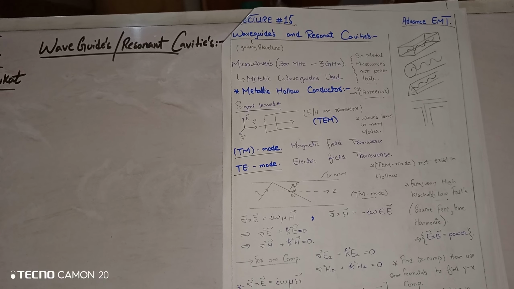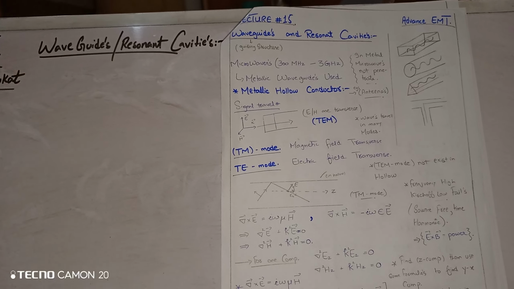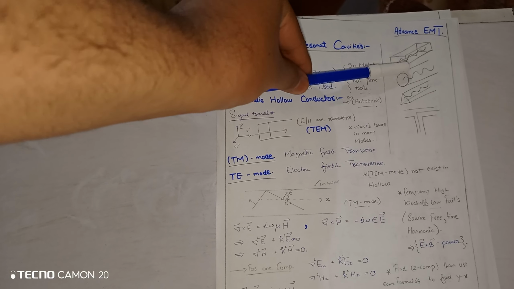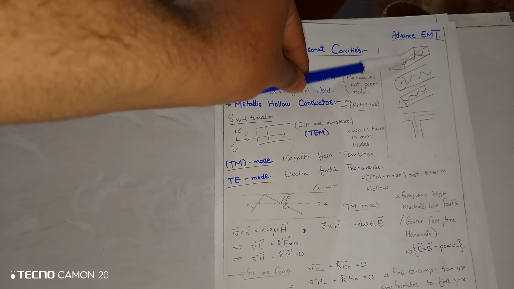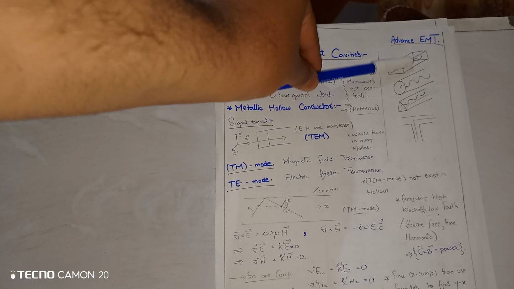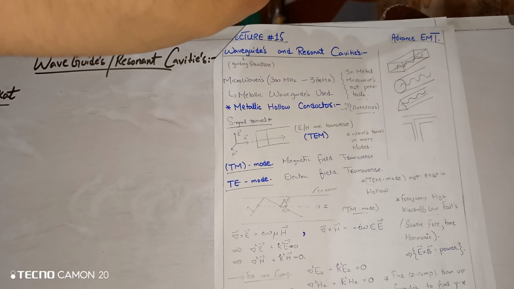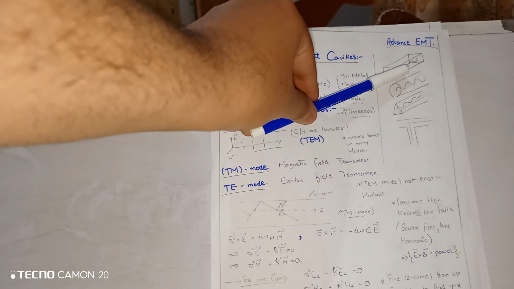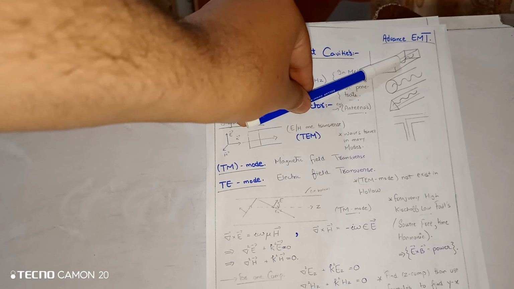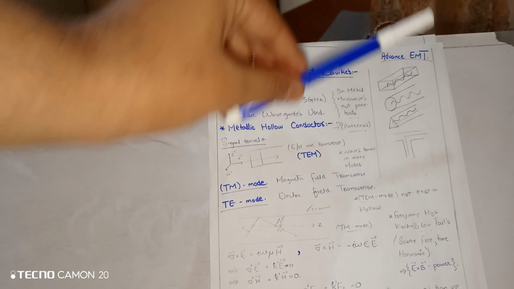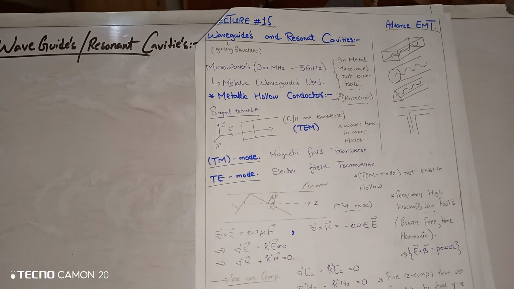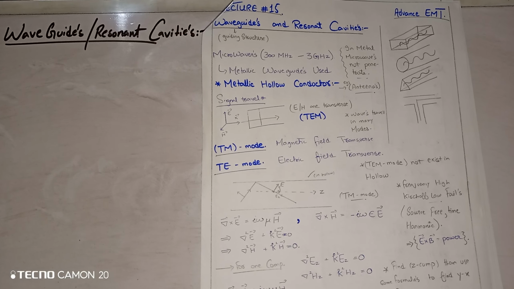Suppose this is your metal waveguide. Your electromagnetic field goes, strikes one boundary, then strikes the other, and moves inside. There is less energy loss, as there is less probability that the wave penetrates the metal. That's why whenever we are dealing with microwaves, we use metal waveguides.